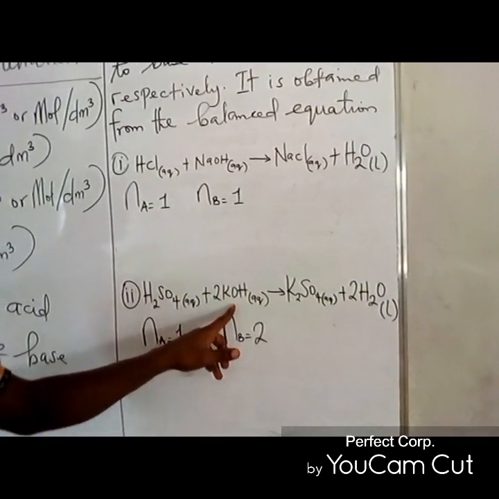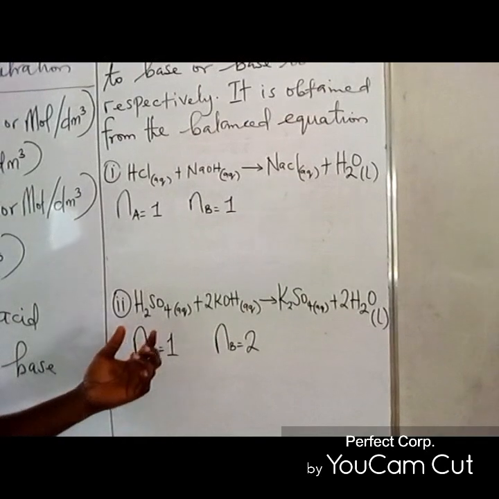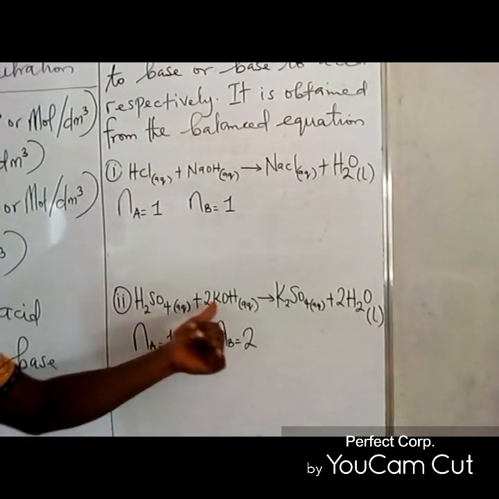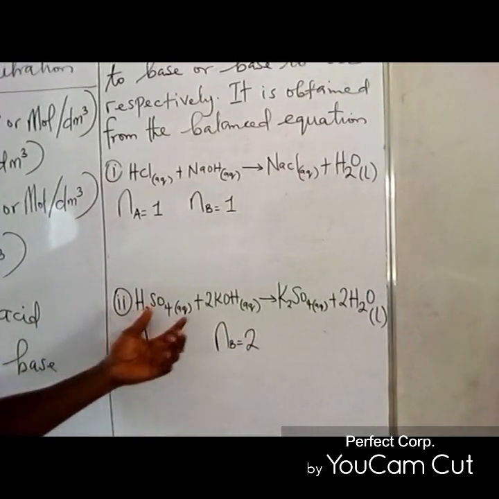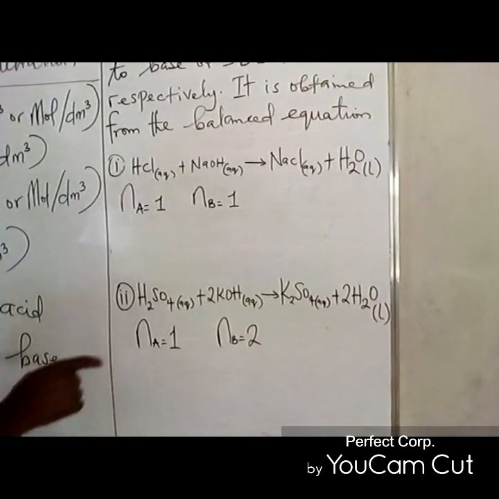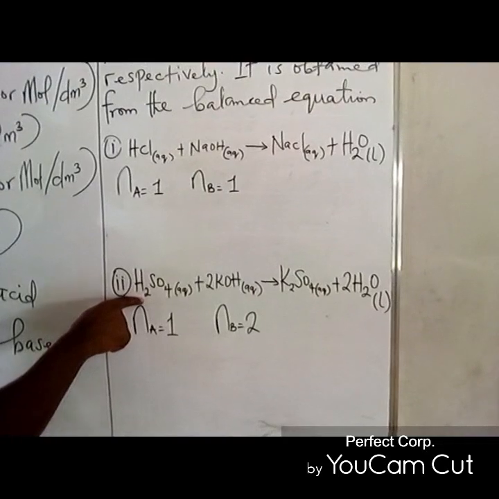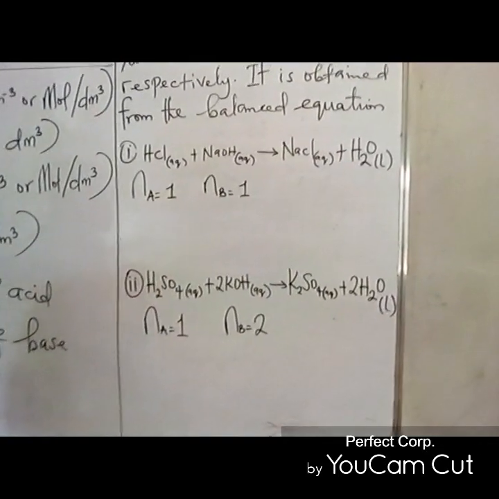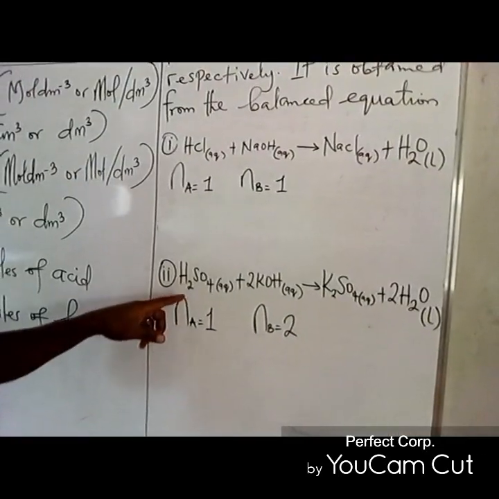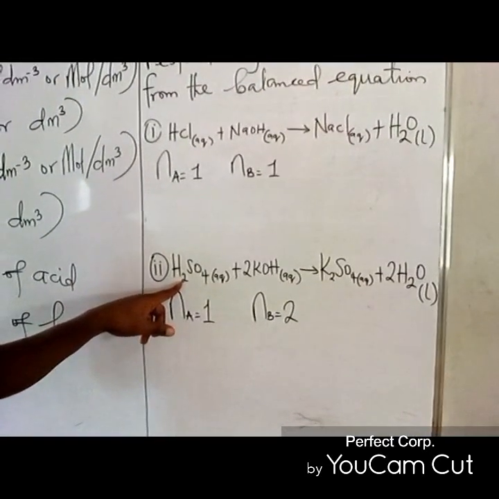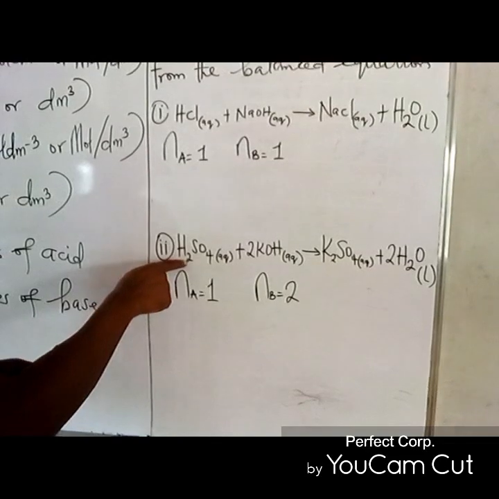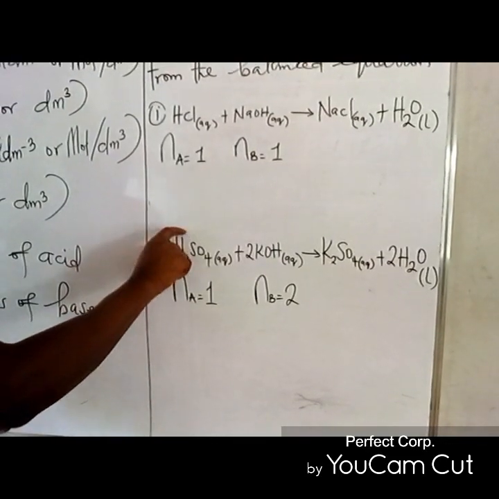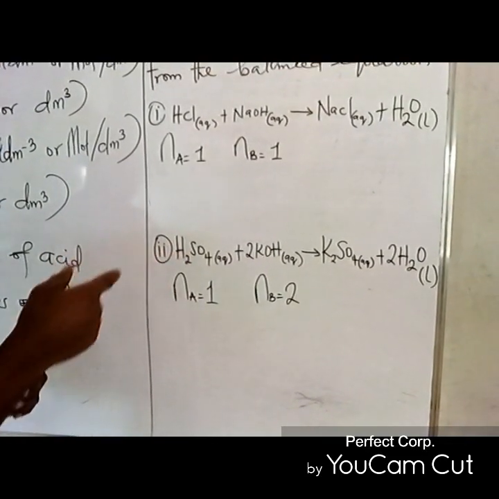Note that this is a base. So this is the acid and the base that we have. This is potassium sulfate and water. Now, how do you know the amount of acid that you are given here? What you simply do is you take note. We have the basicity of acid here is 2. How do you know that it's 2? 2 times 1. Everything is standing on its own.